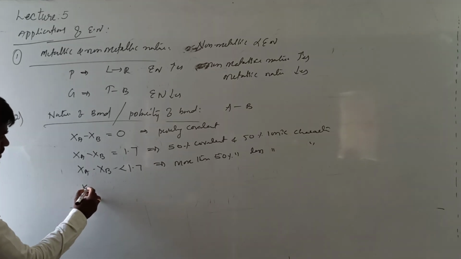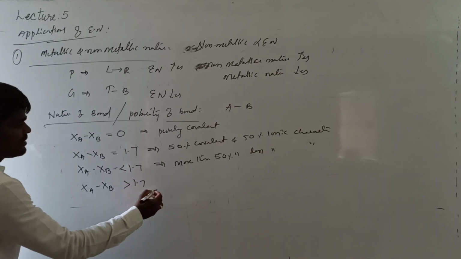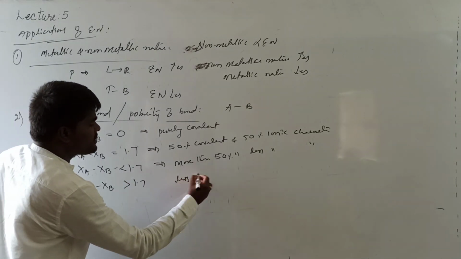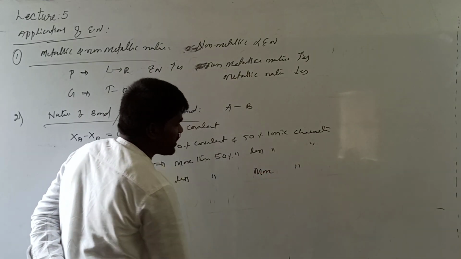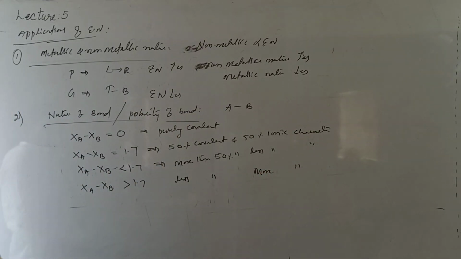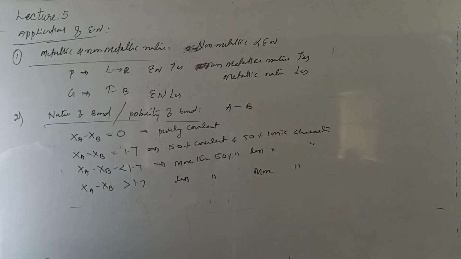If the difference is greater than 1.6, it will have less than 50% covalent character and more than 50% ionic character. So the nature of a bond will depend upon the electronegativity difference of the bonded atoms.